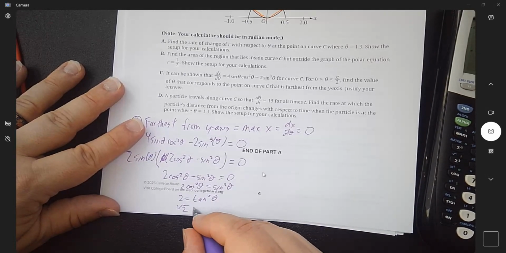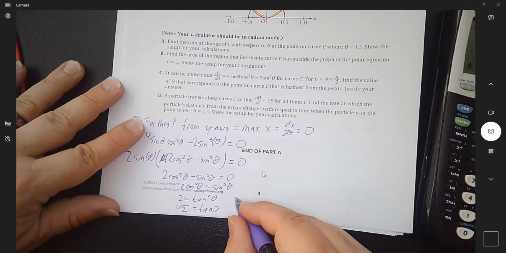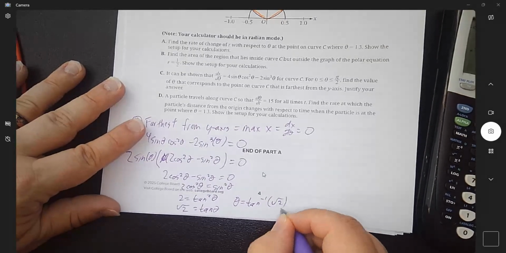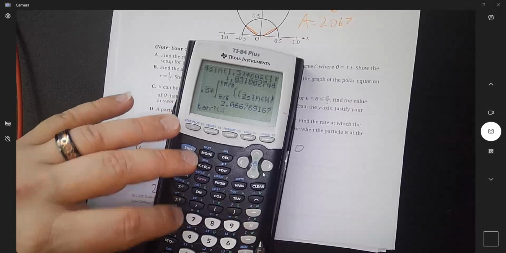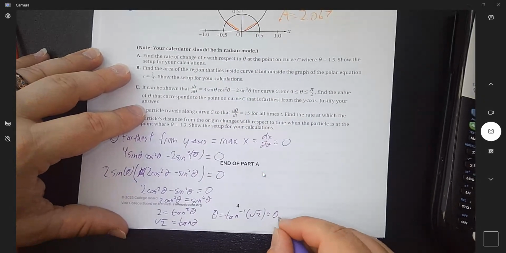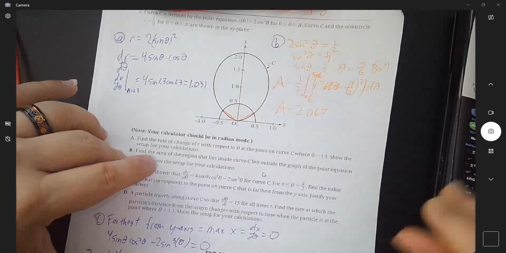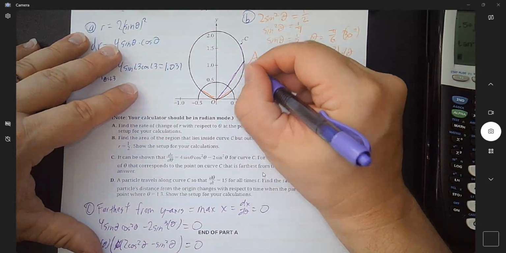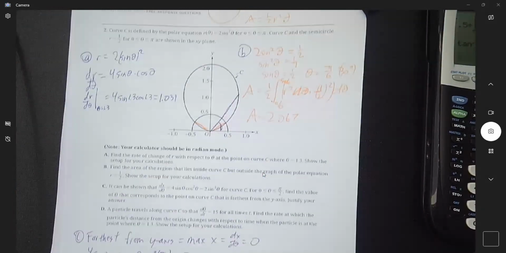So θ equals the inverse tangent of radical 2. The inverse tangent of radical 2 is 0.955 radians. Where is that? That looks like about a radian. It's a little bit more than 45 degrees. Okay, I believe that.